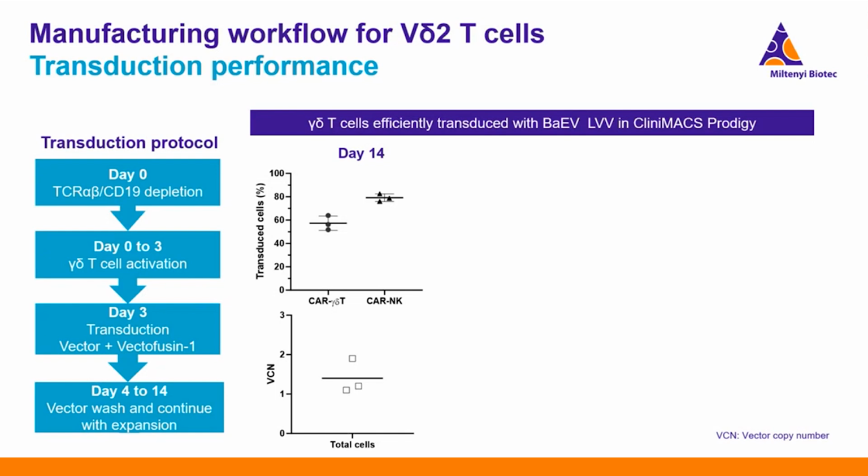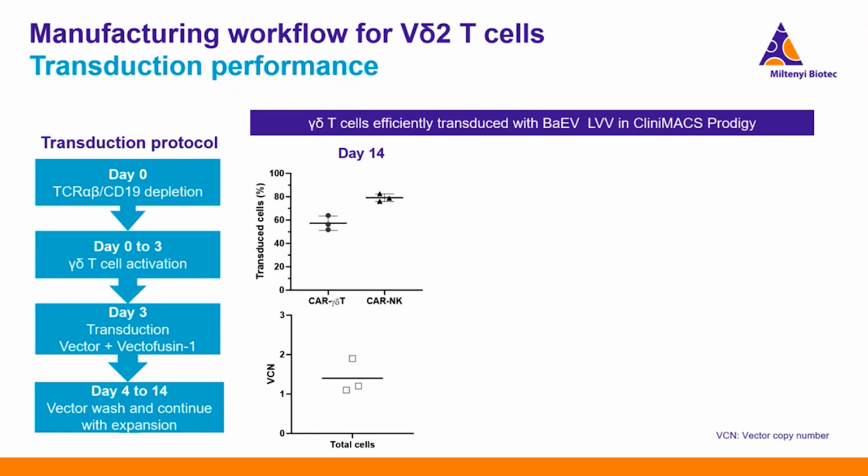But this is totally fine because the NK cells, similarly to gamma deltas, recognize target cells independently of MHC molecules, so they don't represent a risk for graft versus host disease. And if so, they can actually enhance the functionality of the final cell product.